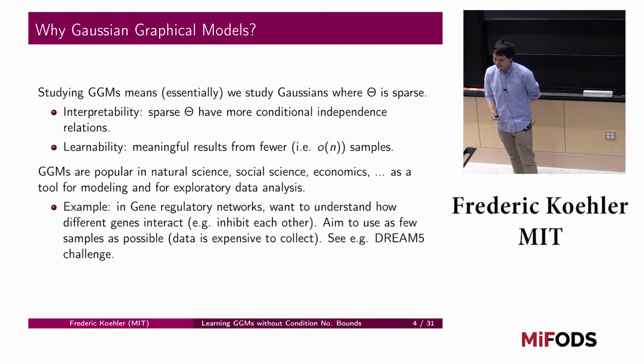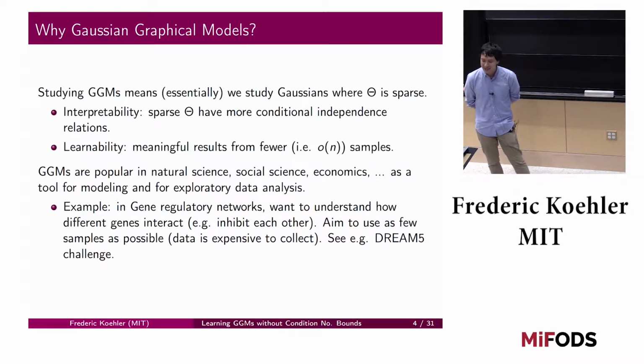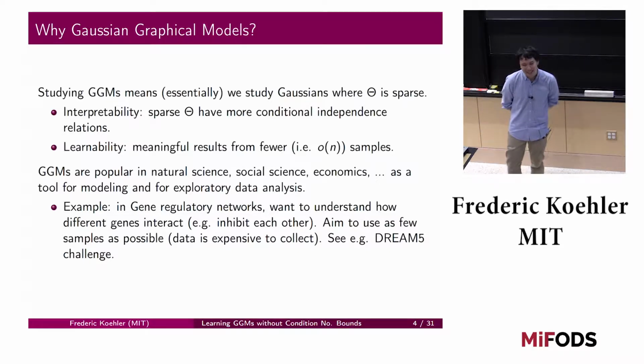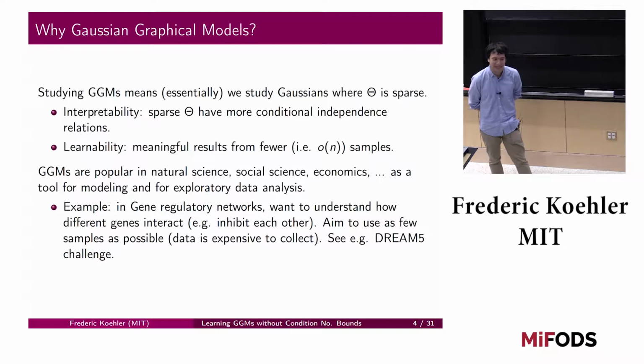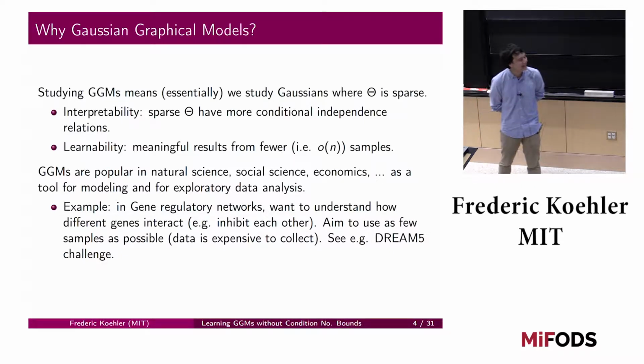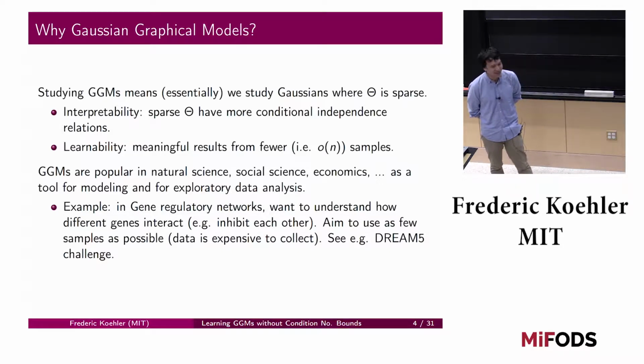So why do we care about Gaussian graphical models? When we say Gaussian graphical model, it more or less means we are studying Gaussian distributions where this theta matrix, the precision matrix, is sparse. One reason this is good is the obvious interpretability reason. I can meaningfully say that some things are not related once I condition on other things.